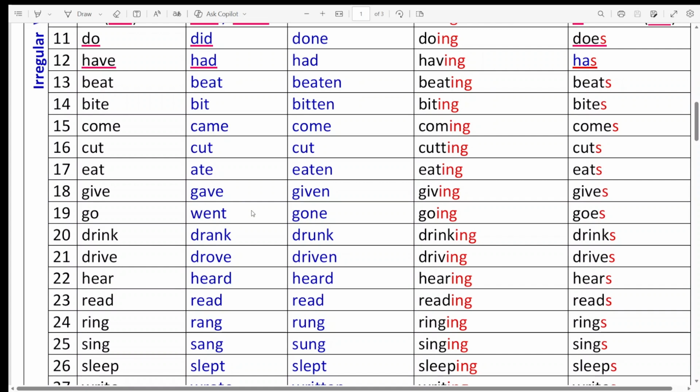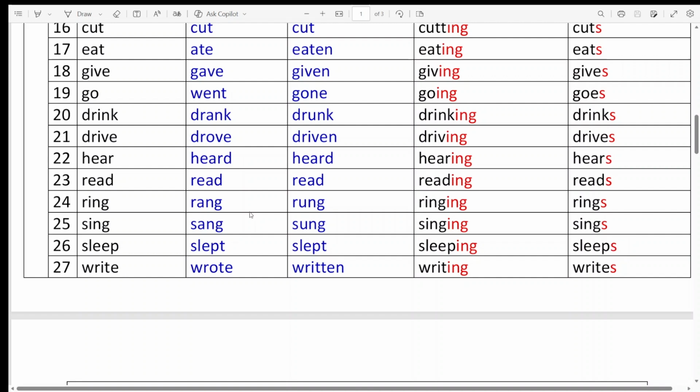Drink, drank, drinking, drinks. Drive, drove, driven, driving, drives. Hear, heard, hearing, hears. Read, read, reading, reads. Ring, rang, rung, ringing, rings. Sing, sang, sung, singing, sings. Sleep, slept, sleeping, sleeps. Write, wrote, written, writing, writes.